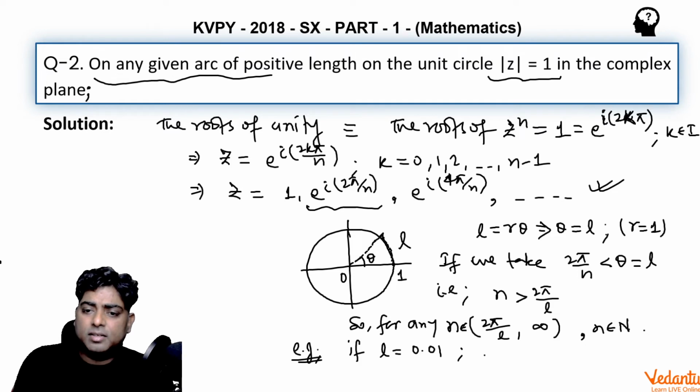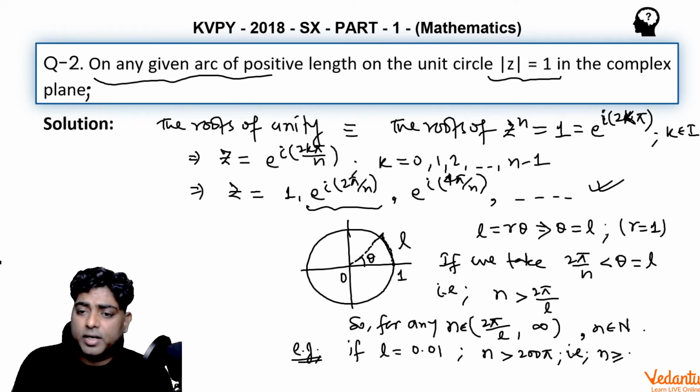Corresponding to every L, if I take n to be more than 200π, that is n greater than 628, that is 629 to infinity, you will get a root of unity falling on that arc of length 0.001.